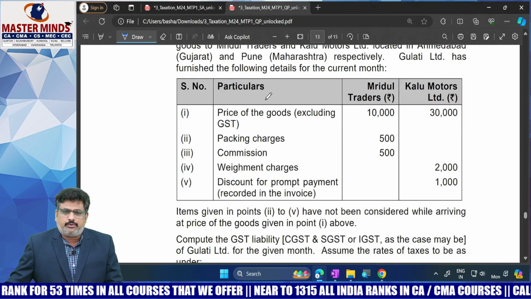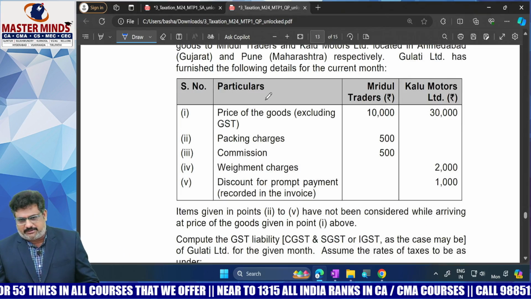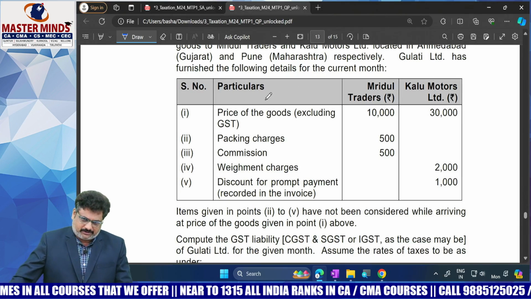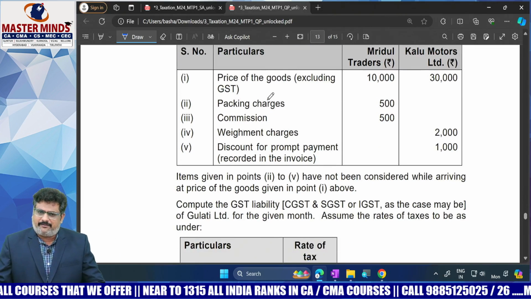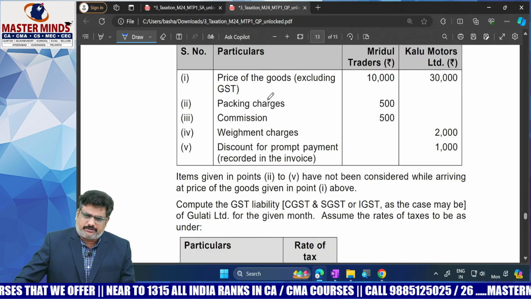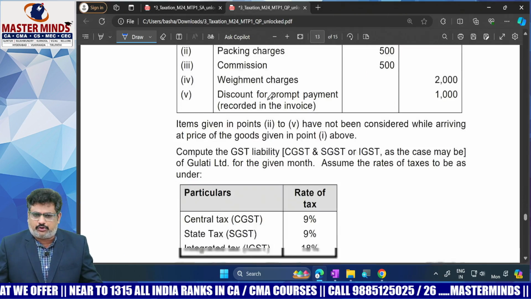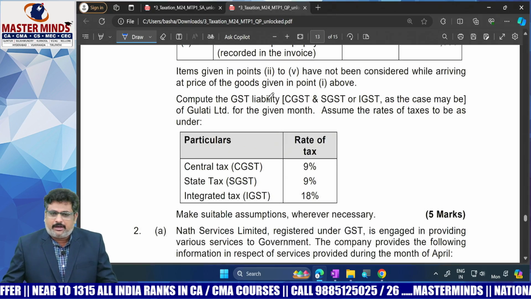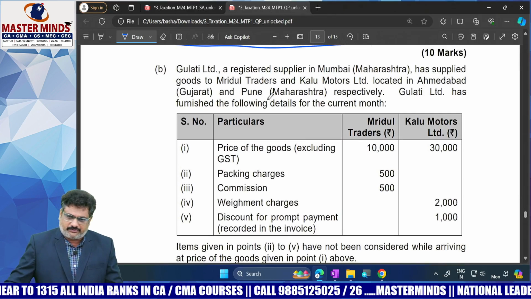Items relating to 2 to 5 have not been considered while arriving at the price. Compute the GST liability, assuming the rates of taxes are this much, and make suitable assumptions wherever necessary.